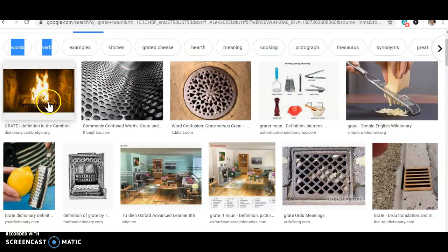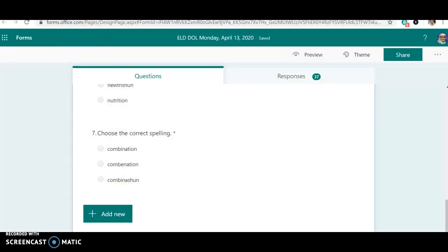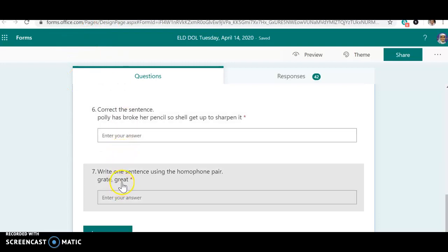This is the noun for grate. It goes in the furnace, they put coal on it. This is also a noun for grate, metal object that is draining the water in the street. This is the verb shredding for grate. The other great, this one means very good.